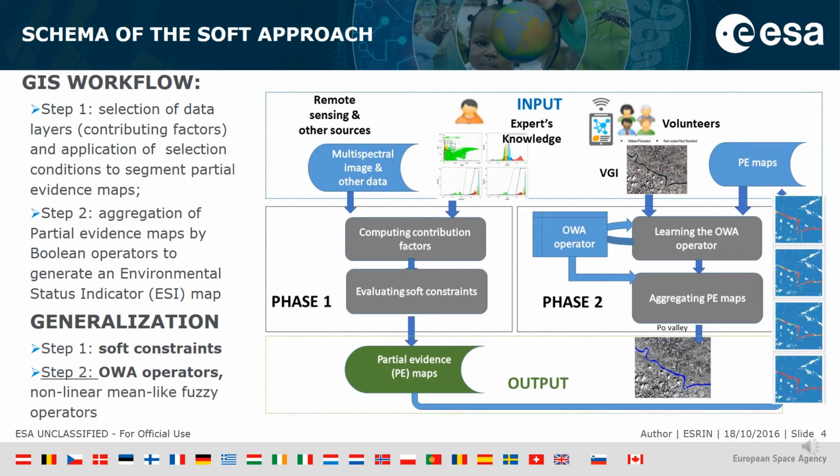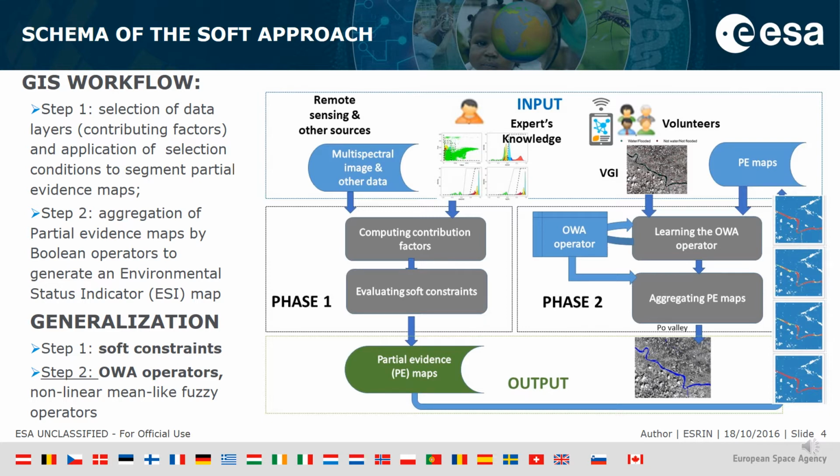Here is the schema of the proposed approach. The approach is a generalization of the workflow that is used by experts when interacting in a GIS in order to map the status of the environment with respect to a given phenomenon of interest.